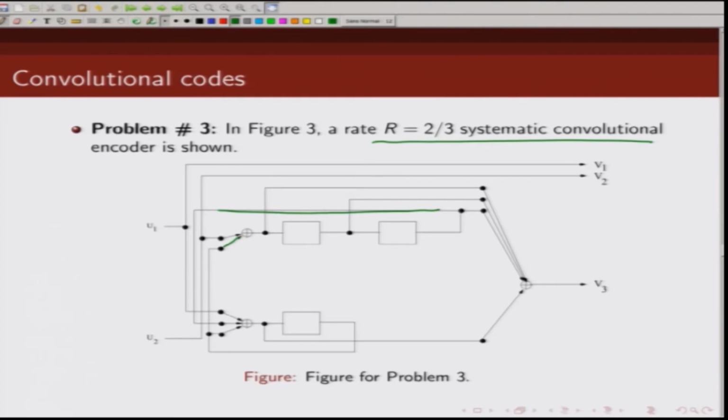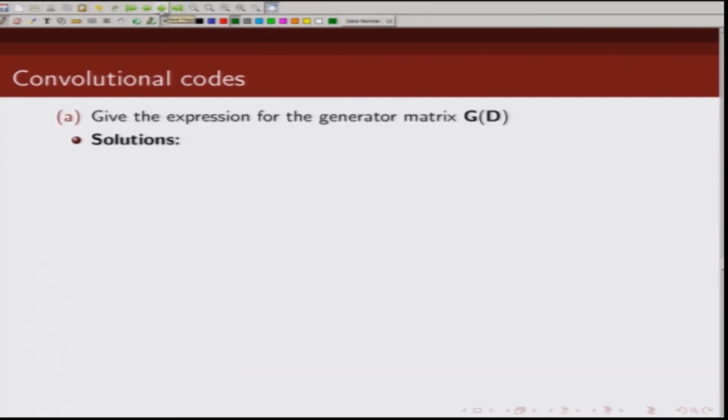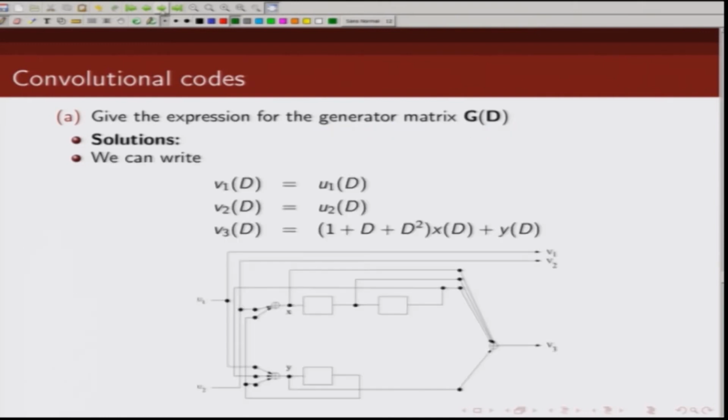The feedback from here is going to this encoder, and feedback from here is going to this encoder. So, not only is feedback coming to the same encoder, but it is also going to the other encoder. So, this realization is a very compact realization. The question being asked is, can you find the generator matrix corresponding to this encoder?